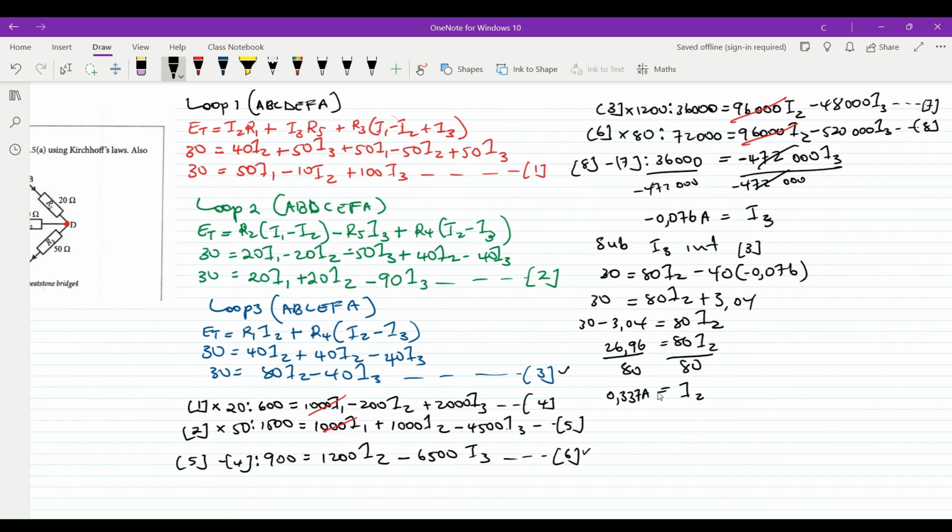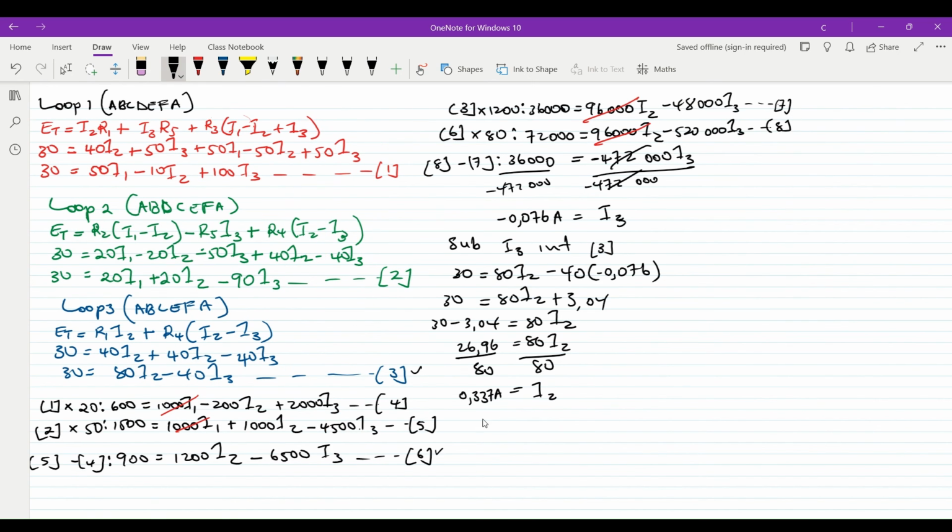0.337 amps. What you'll do now, you'll substitute I2 and I3 into equation 2. Equation 2 is given as 30 is equal to 20 I1 plus 20 into 0.337, forgive my handwriting, minus 90 into negative 0.076.